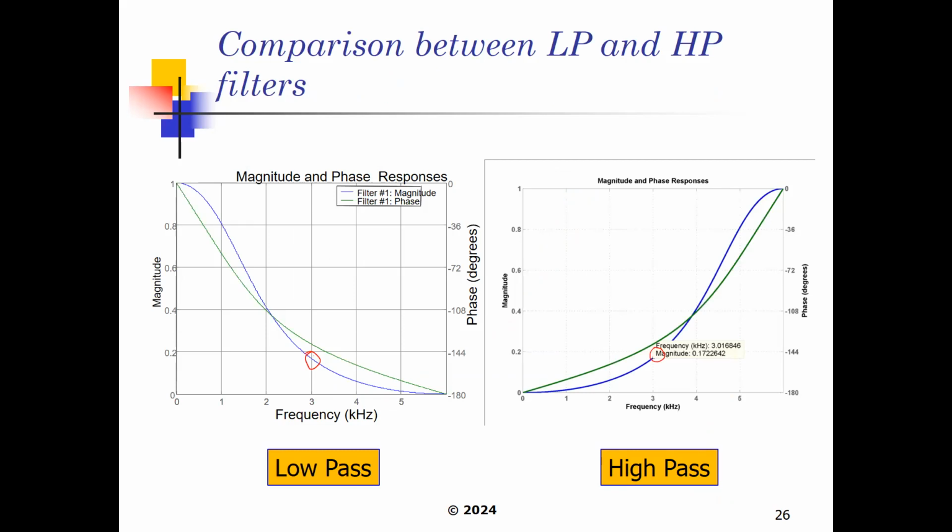With the impulse invariant technique, you start with an H(s), then you have to get an h(t). So you have an inverse Laplace transform to do here. Then from h(t), you get h(nT), and then H(z).